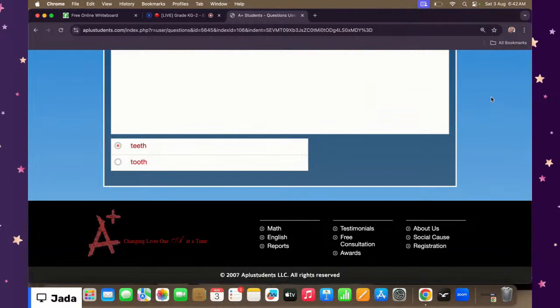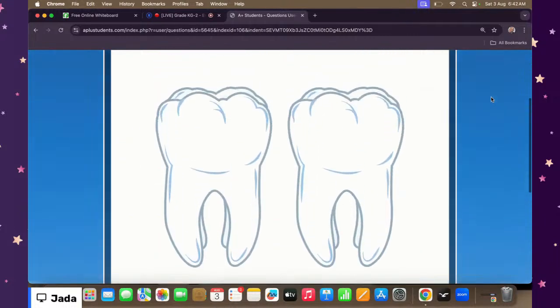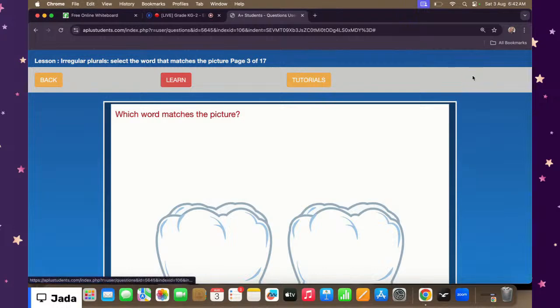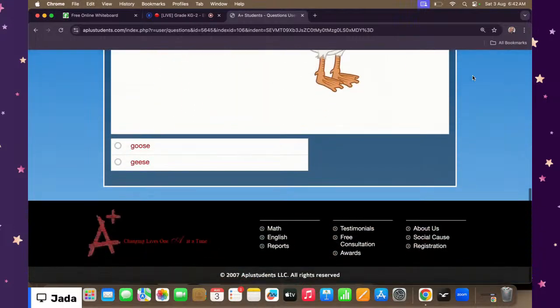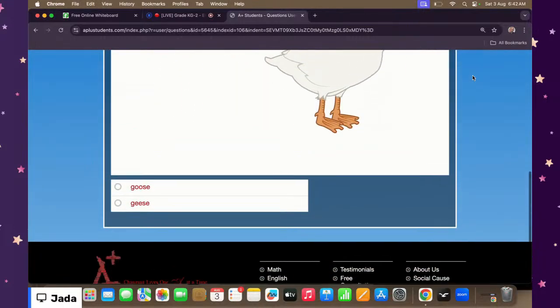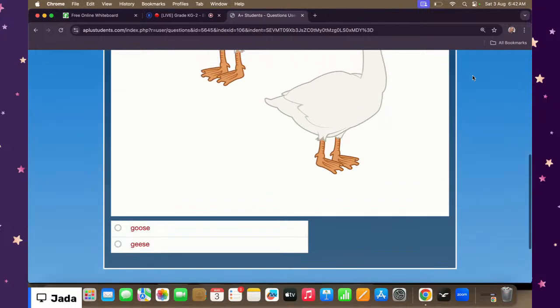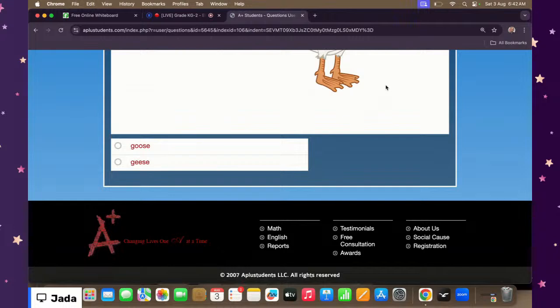Teeth. So what do we have here? Goose or geese? When it is one, it is goose, and if it's more than one, it is geese. Geese.